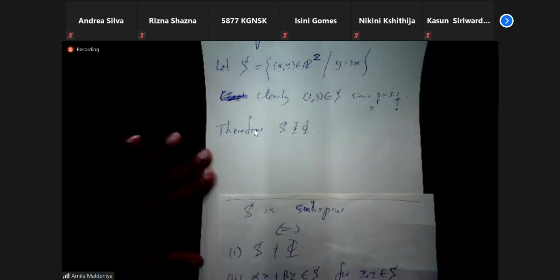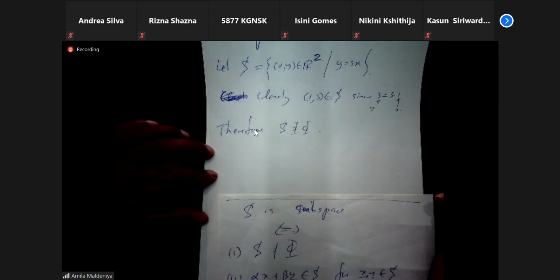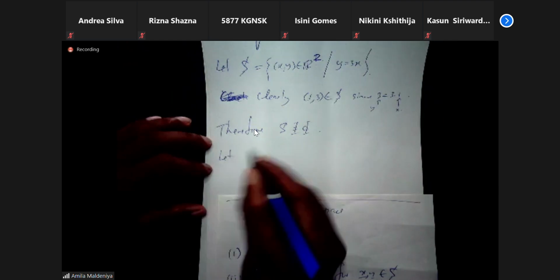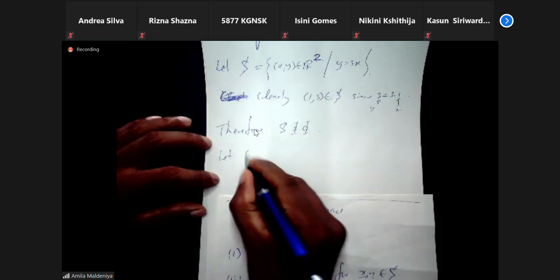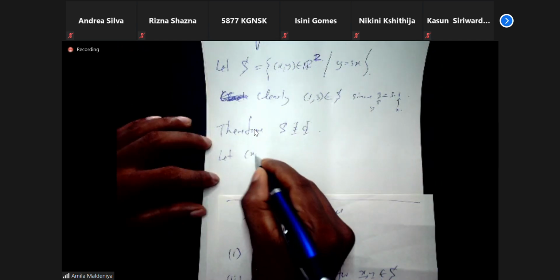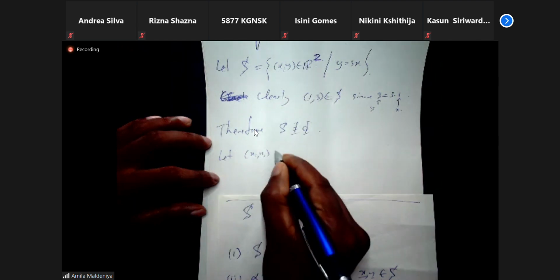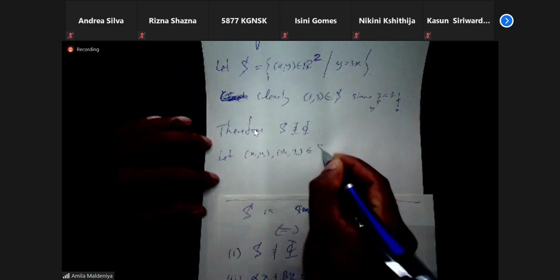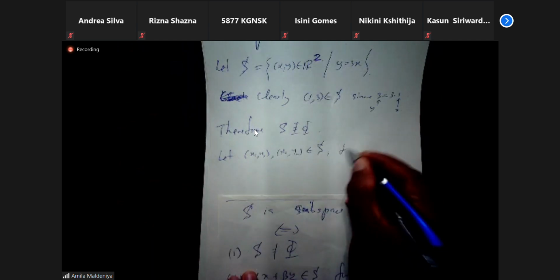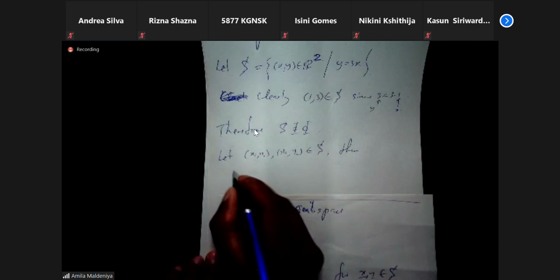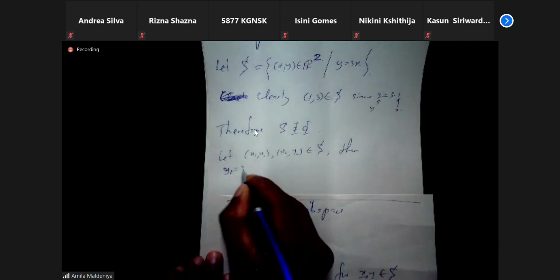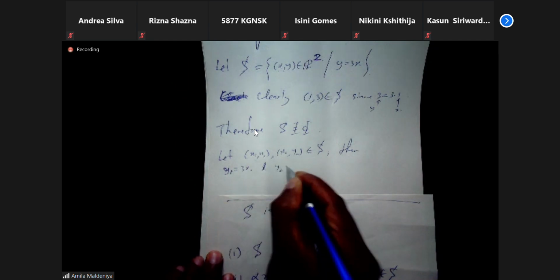Now let any (x1, y1) and (x2, y2) be two elements of S. Then y1 equals 3 times x1 and y2 equals 3 times x2.